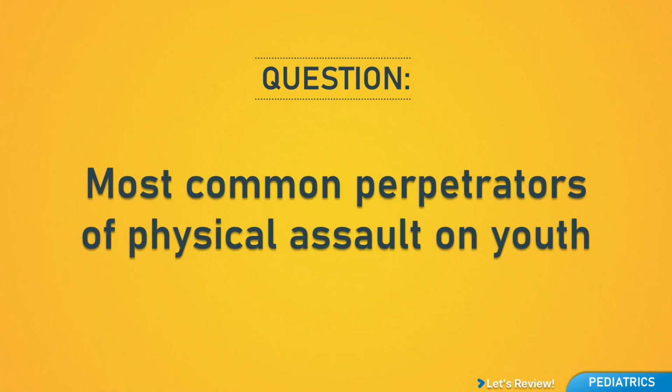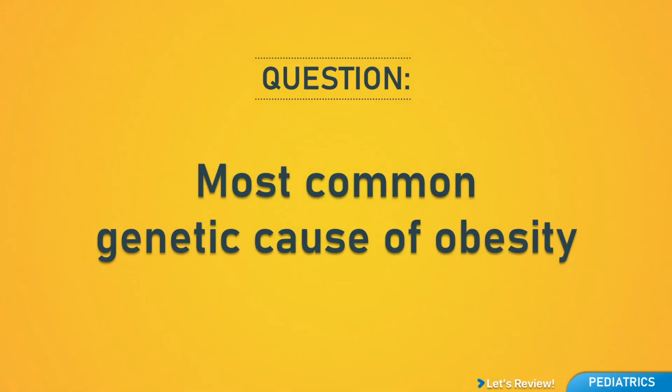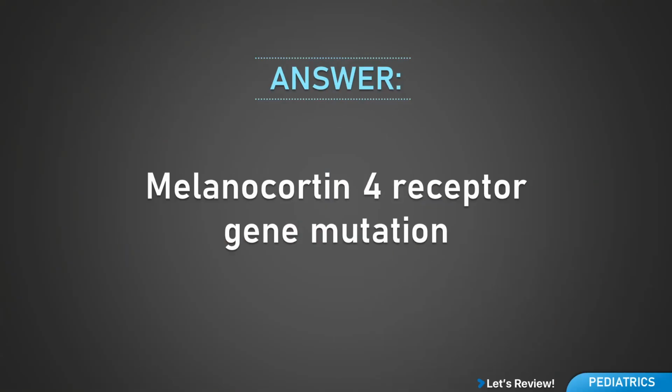Most common perpetrators of physical assault on youth. Peers and siblings. Most common genetic cause of obesity. Melanocortin 4 receptor gene mutation.